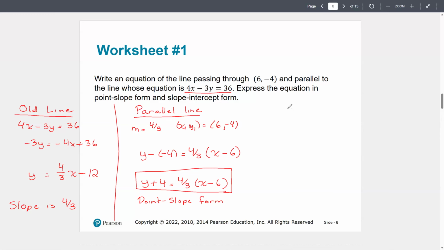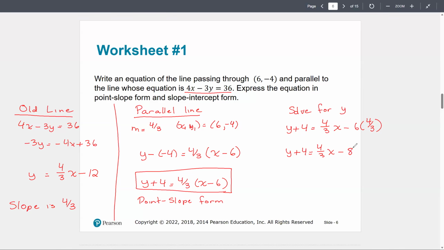Now, if we keep going and just start solving for y, we're going to get y plus 4 is equal to 4/3 times x minus 6. Y plus 4 is going to be equal to 4/3 x, and 6 times 4/3 is going to be 8.